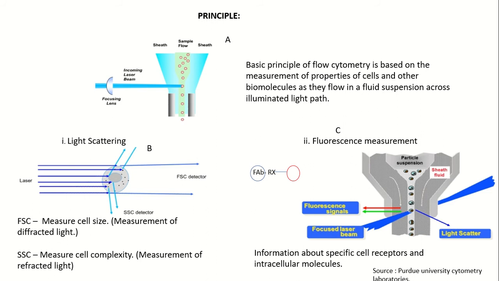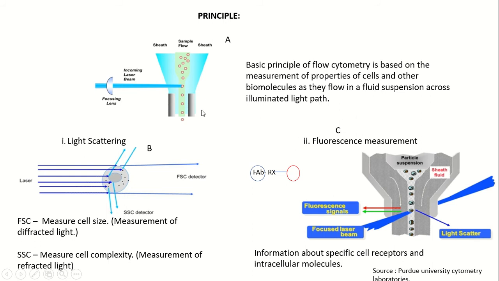So side scattering tells about how many granules are present in the cell and other complexity of the cell. These are the two aspects we can get in the context of light scattering whenever a cell or other biomolecule interacts with the laser.